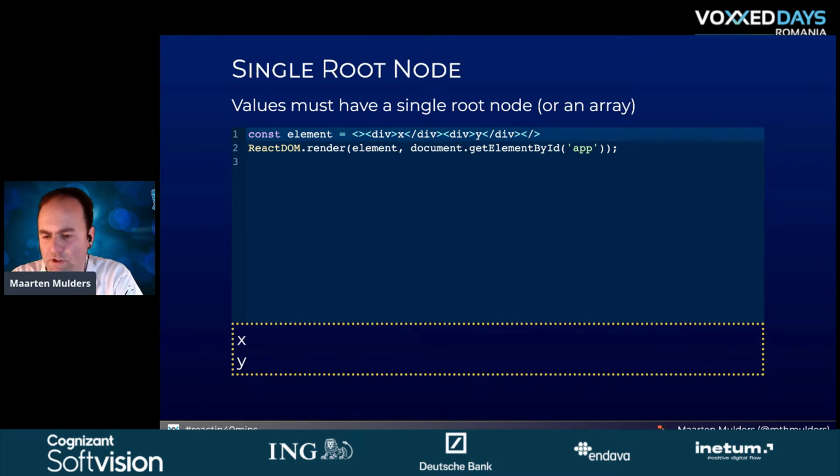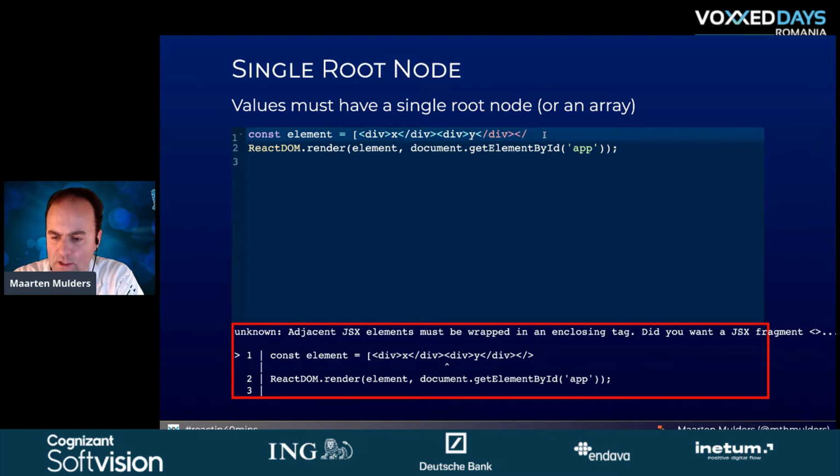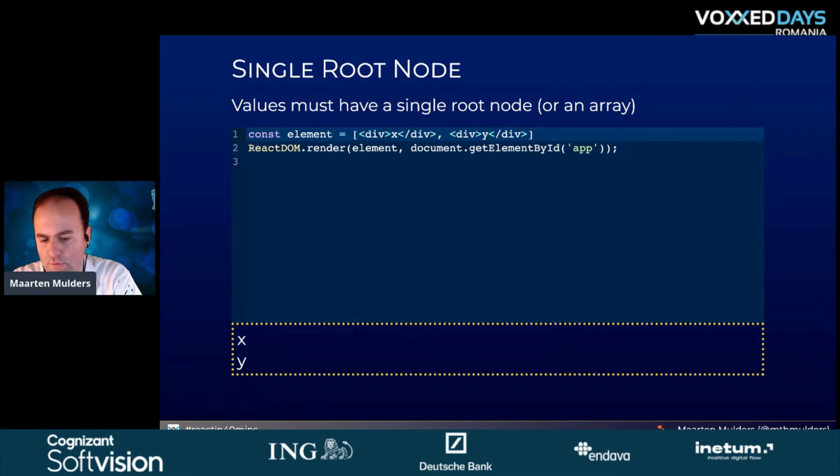The only disadvantage of this notation is that technically it's not valid XML anymore, because in XML, every element must have a name. These elements don't have a name. Alternatively, you could wrap the elements in an array. Then you need to place a comma in between, of course, and then it also works as expected. React will, in fact, introduce a fragment around it, but you don't see it here in the code.